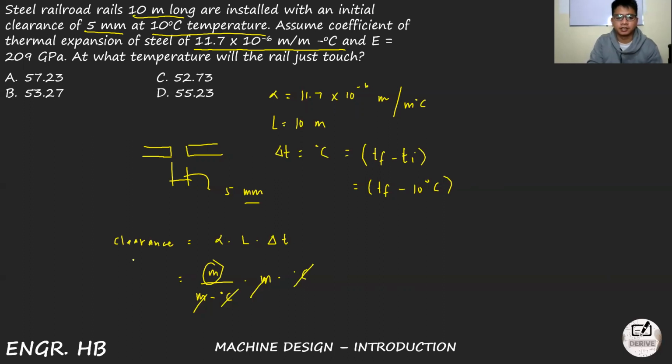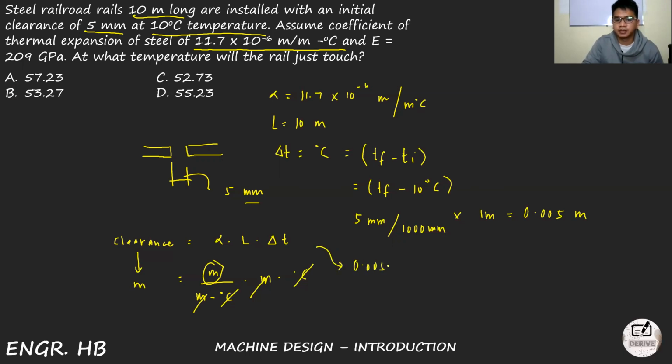Kasi nga meters ang natira dito, your clearance should be meters also. So ayan, this is a direct substitution problem. So 5 mm, divide muna natin sa 1,000 mm times 1 meter, so that will be 5 divided by 1,000, that was 0.005 meters.